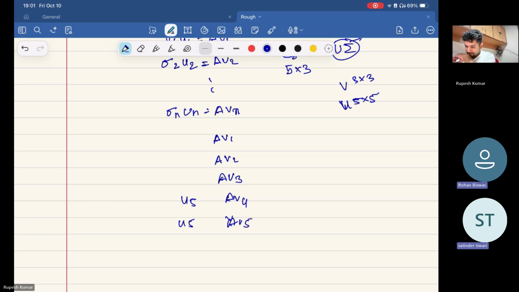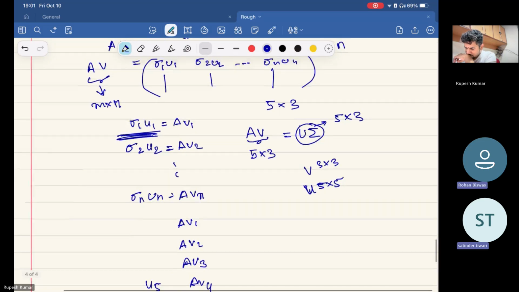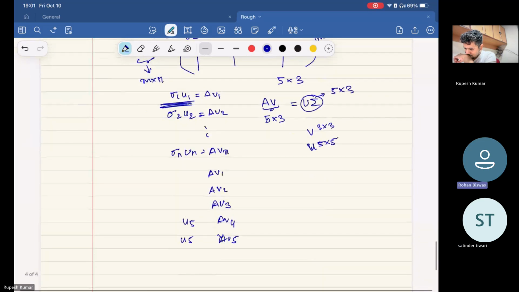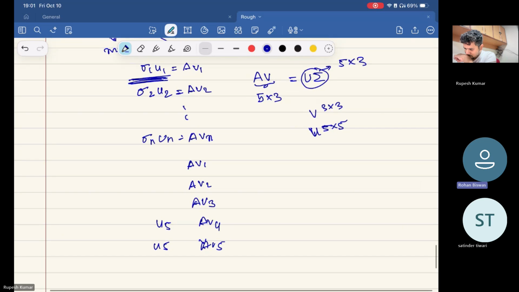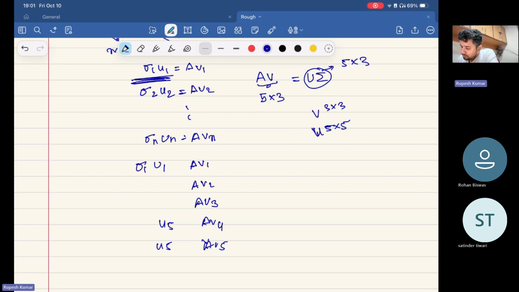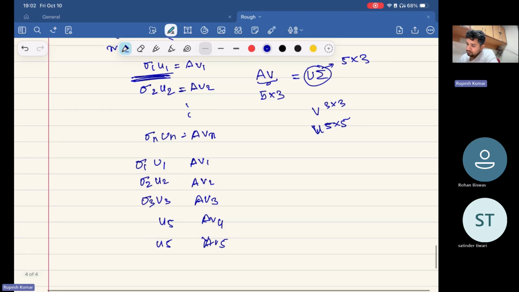This is what I was asking, sir. What was the thing you said at last about applying Gram-Schmidt? Basically what happens is you have A V1 equals sigma 1 U1, A V2 equals sigma 2 U2, A V3 equals sigma 3 U3, right?